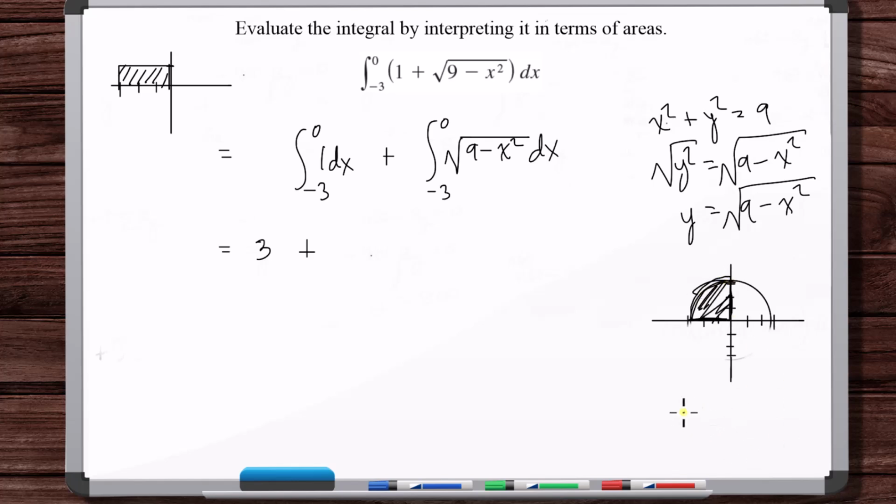Okay, but so that's pi r squared, 9 pi divided by 4. It's going to be positive, right? -3 to 0, it's positive. That's positive 3. And then this, they're not saying minus here. It's above the x-axis. So this is 3 plus 9 pi over 4. There you go. That's what this is.